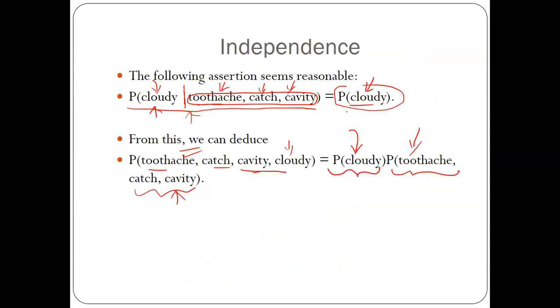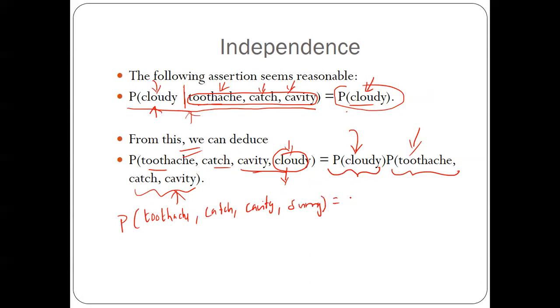So here we have considered only cloudy. Similarly, you have to consider for other values for weather also. So similarly, this equation you can write for the probability of somebody having toothache, catch, cavity, and the weather being sunny.